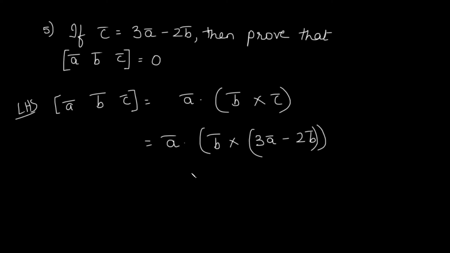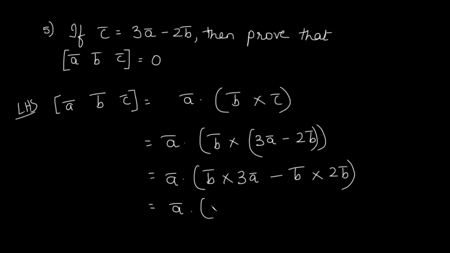That means A dot B cross 3A minus B cross 2B. B cross 2B, B and B being equal vectors, becomes 0. So we have A dot B cross 3A. 3 can come out, and so we get 3 A dot B cross A.